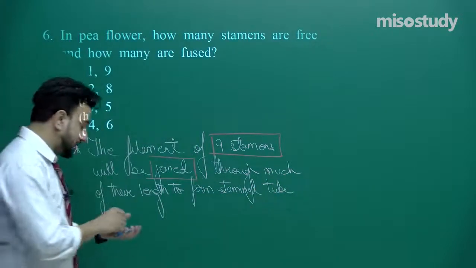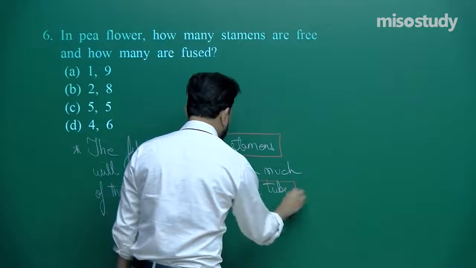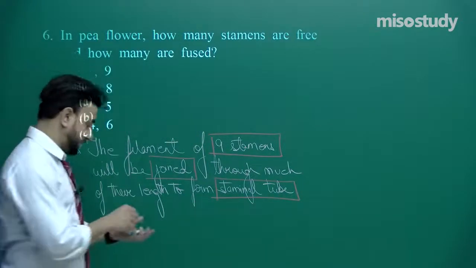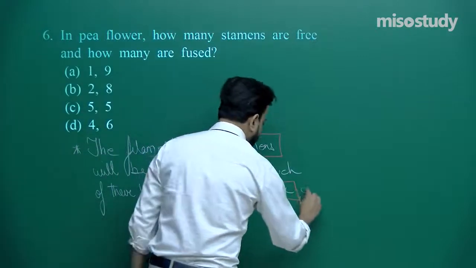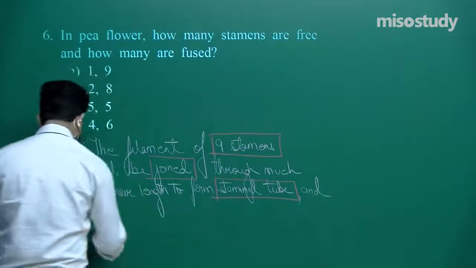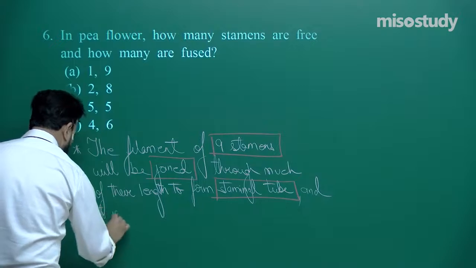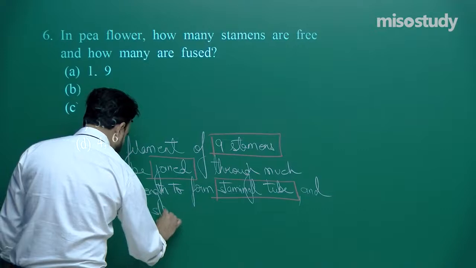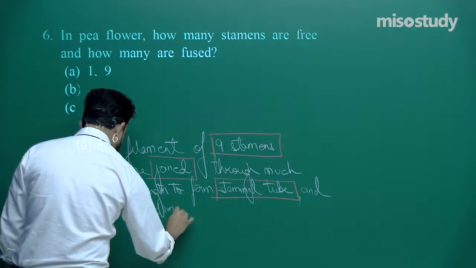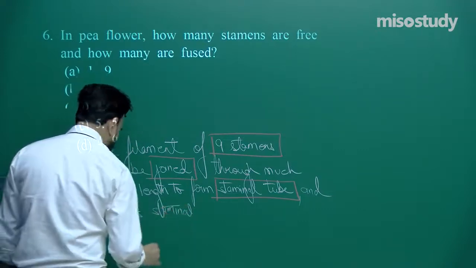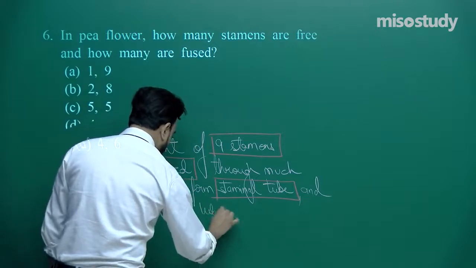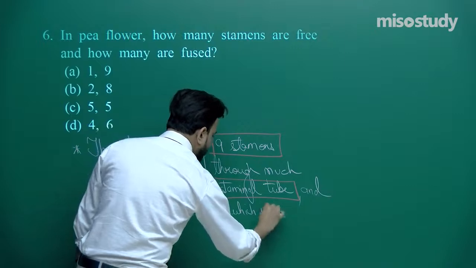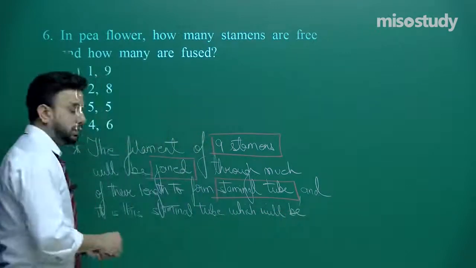And it is this staminal tube which will be surrounding the ovary.